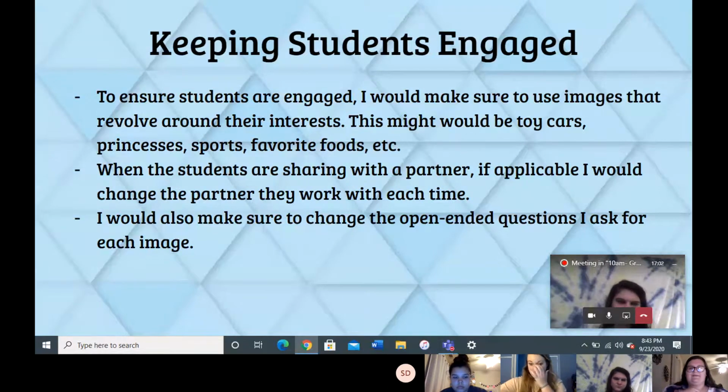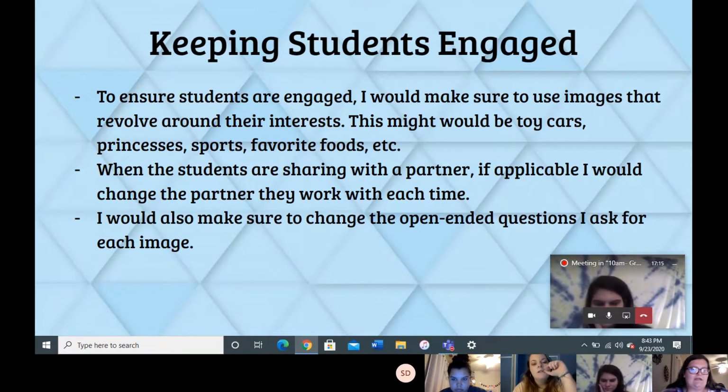And when students are sharing with a partner, if applicable, after each image, I would make sure they could change the partner they work with, just so they have some different thinking that they're hearing from other people. And then I would also make sure to change the open-ended questions I ask for each image so it's not just repetitive and they know what's coming.